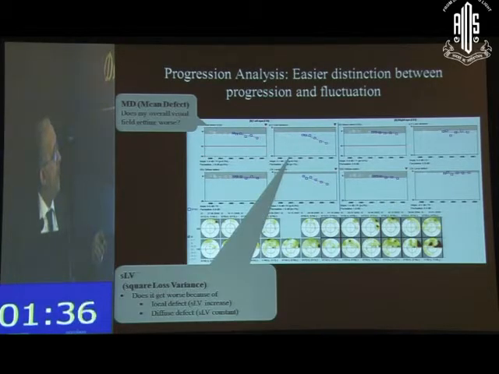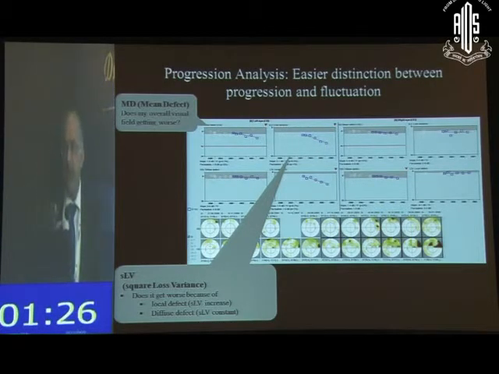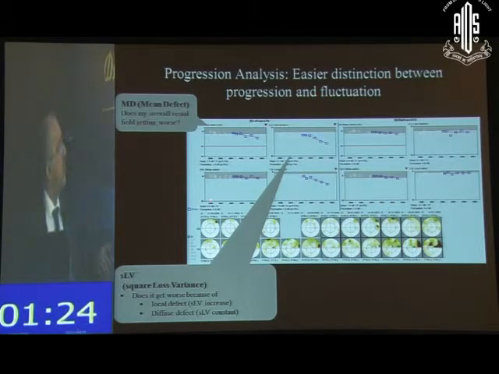You look at the square root of loss variance to assess whether there is a deterioration. It also shows you a deterioration, but this deterioration could be because of a diffuse defect, that is a non-glaucomatous change, which you look at here in the diffuse defect, and that part is stable. Look at the local defect, and it tends to show you that there is a progression of the visual fields.